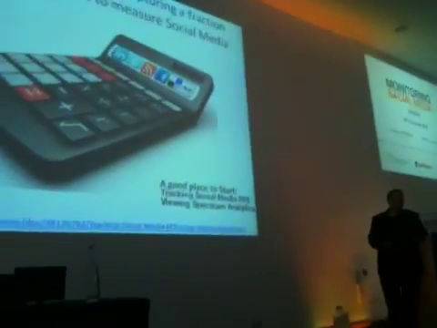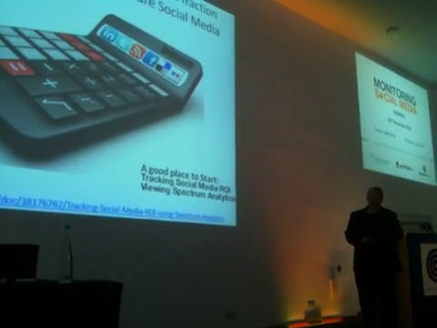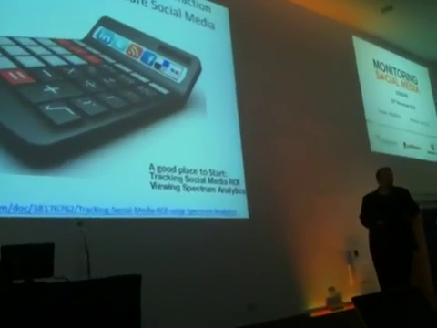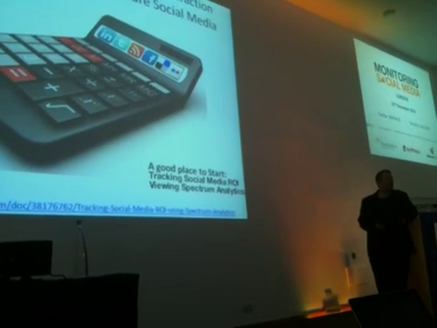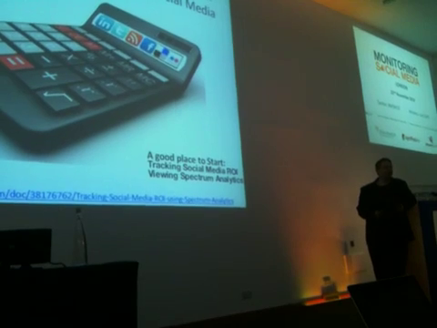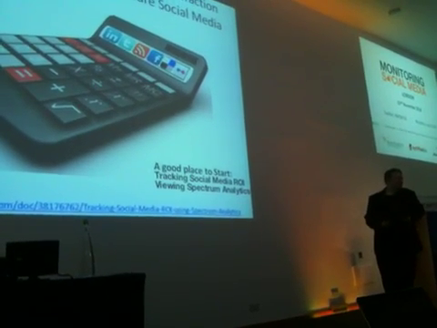The situation today is that we're capturing a fraction of the data we need. A couple of months ago, I wrote a paper with Compete on social media ROI and capturing what I called ultraviolet data.